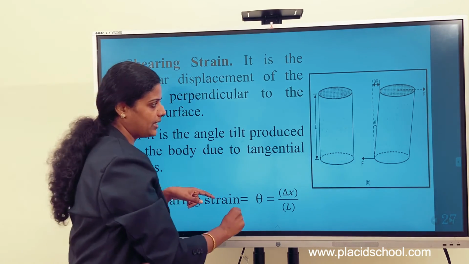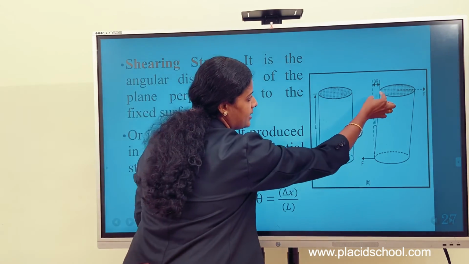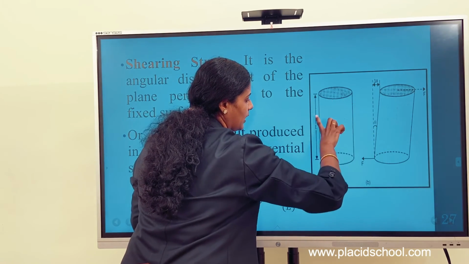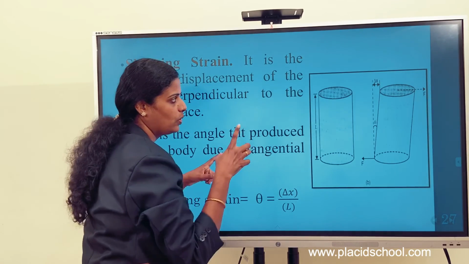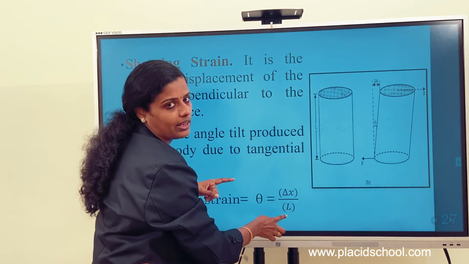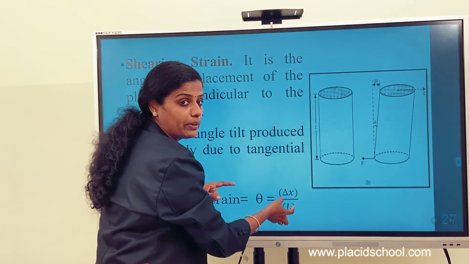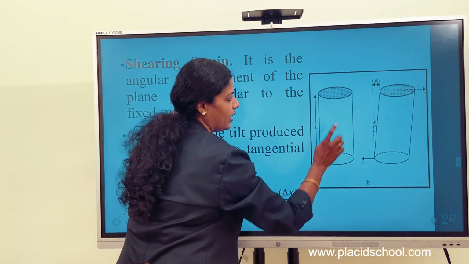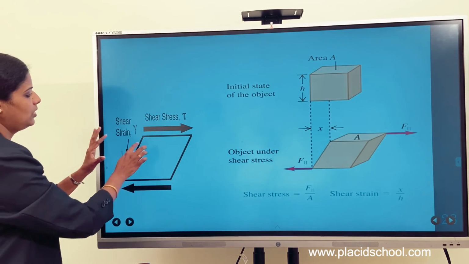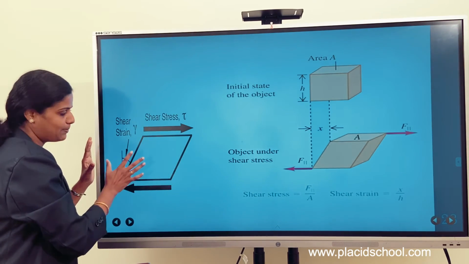So the displacement is delta x and the total length is L. So the shearing strain is delta x by L, the displacement by the original length. Again, this is the original body after displacement.